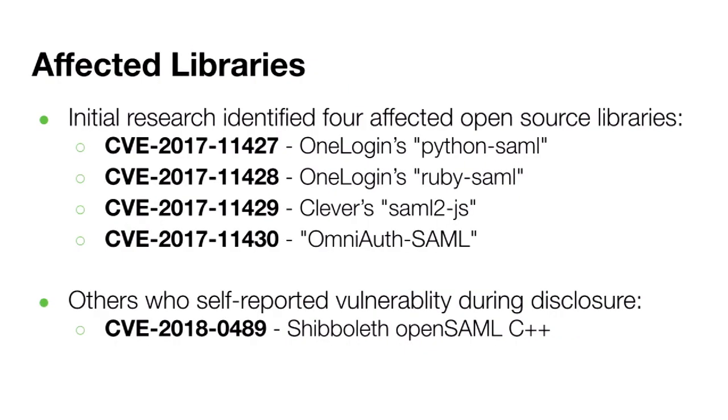The initial research identified 4 open source projects that were affected: Python SAML, Ruby SAML, SAML2.js, and OmniAuth SAML. The last project, interestingly, was actually built using Ruby SAML, so the presence of the vuln ended up propagating into a different project. Throughout our disclosure process, additional projects self-reported being vulnerable, such as OpenSAML C++.